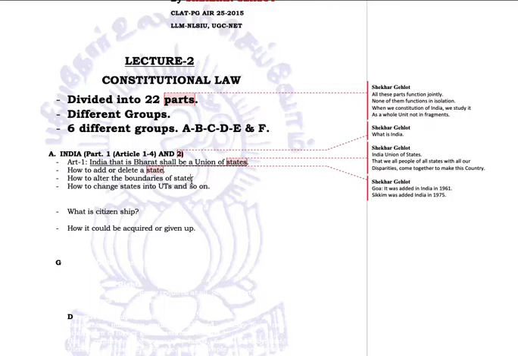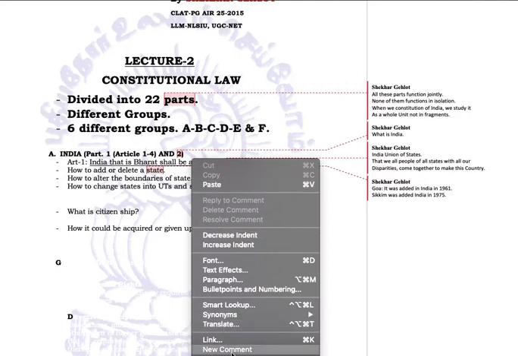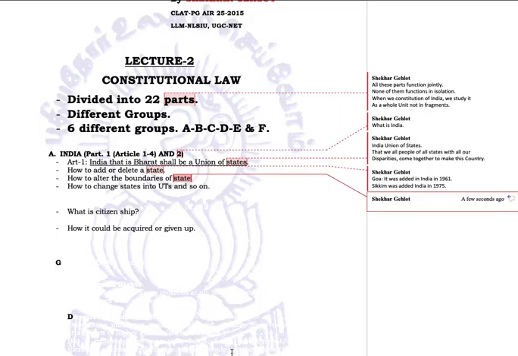How to alter the boundaries of the states? The boundaries of states can be altered, modified, split, or merged.